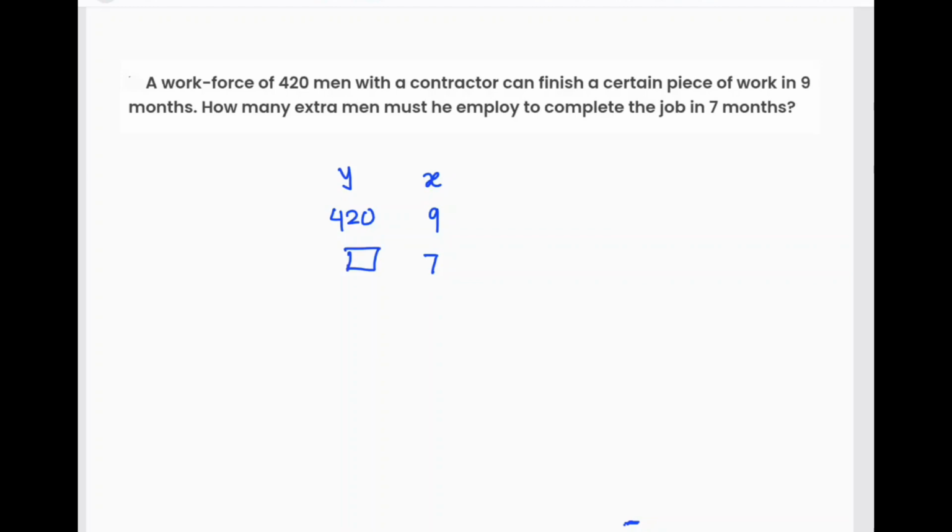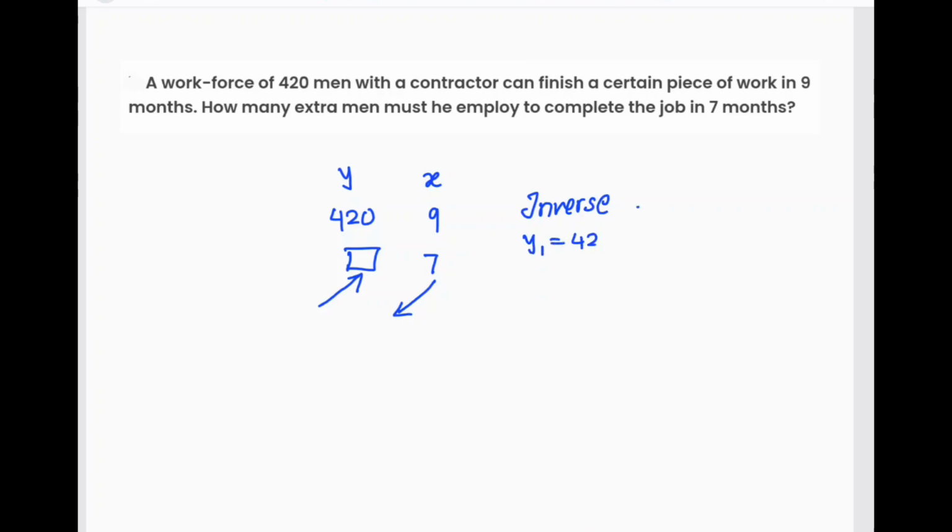I want to know how many men will be required to complete the job in 7 months, and then we'll get the difference, because initially we already have 420 men. So the number of workers is increased, so months are decreased, hence it is inverse proportion. So we will write it in terms of formula.